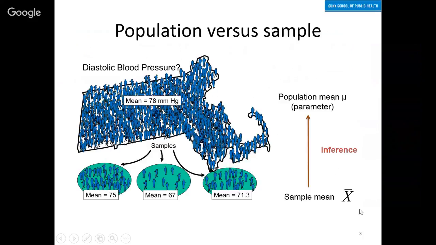And remember, we've been using Roman letters to describe sample data about the sample, and Greek letters to describe things about the population. And in general, inference is about taking data from a sample and inferring things about the population based on what we see in that sample.